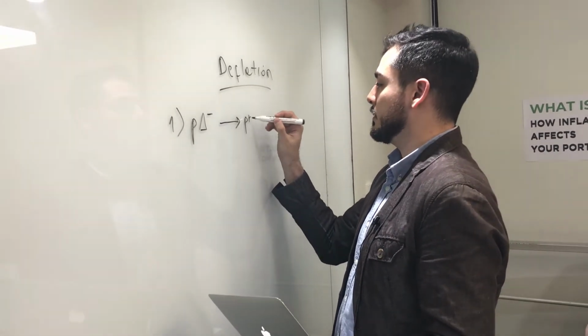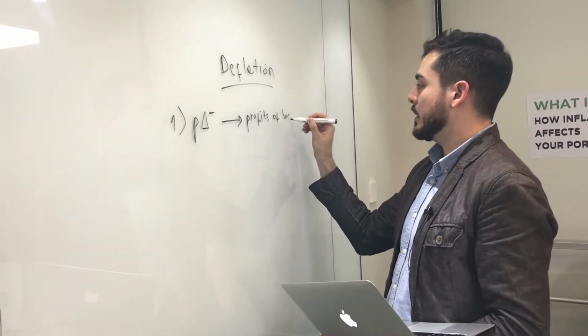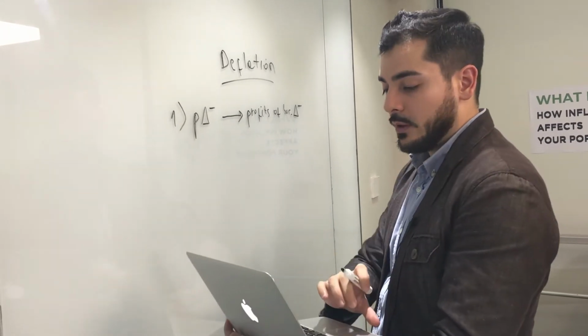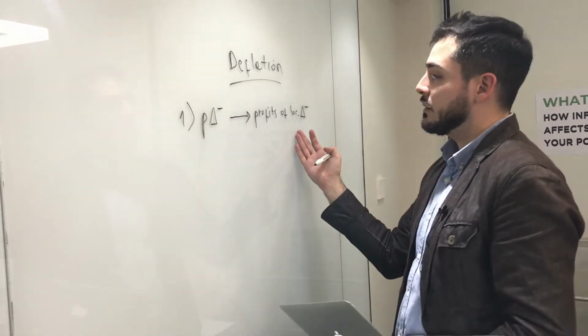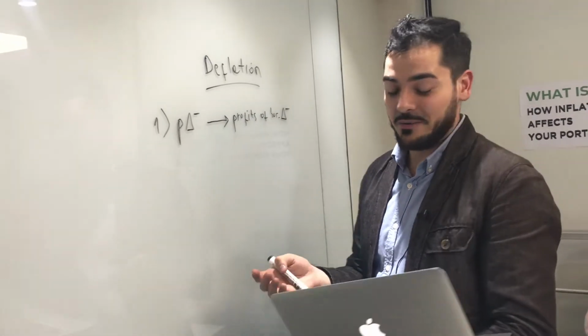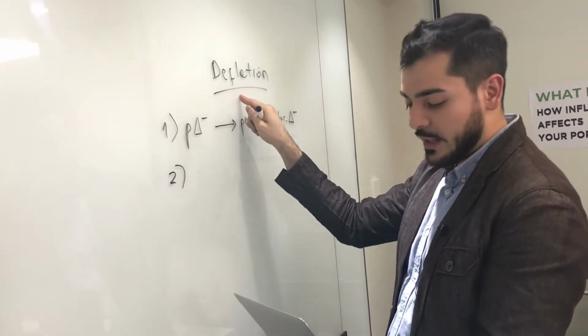So profits of business also go down. If this happens, what will happen with the economy? Of course, the economy will suffer, right? So all this happens when we have deflation.